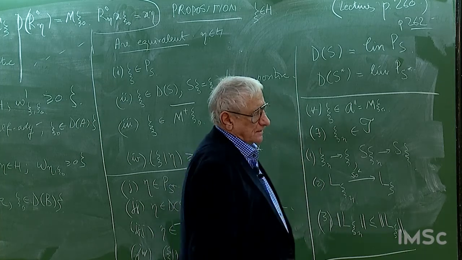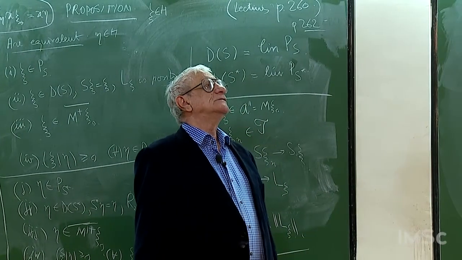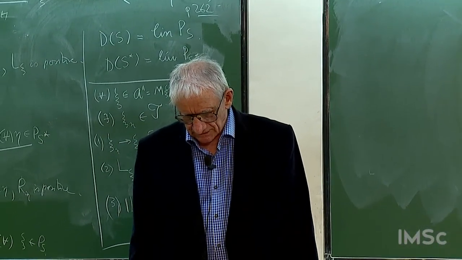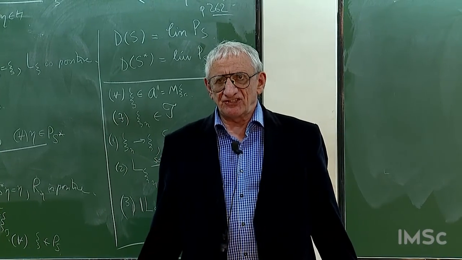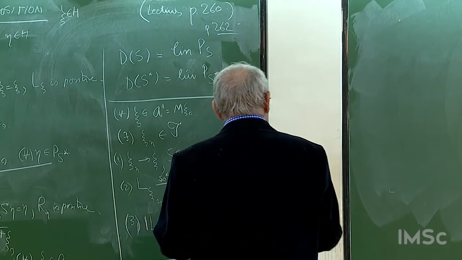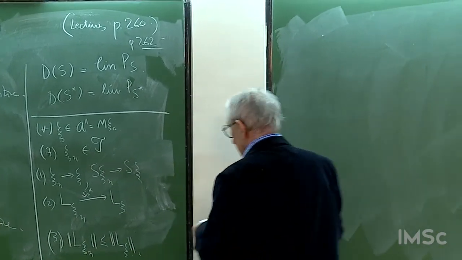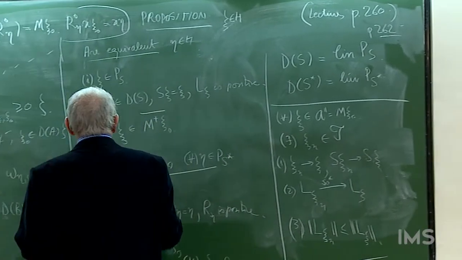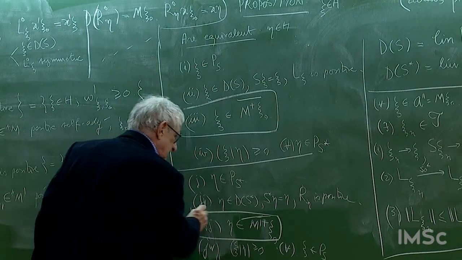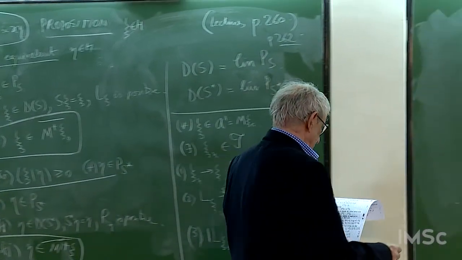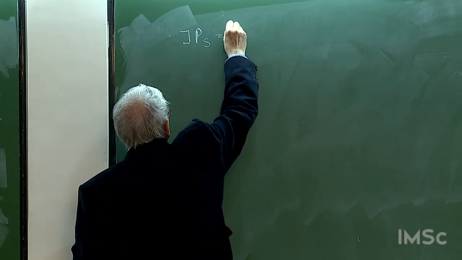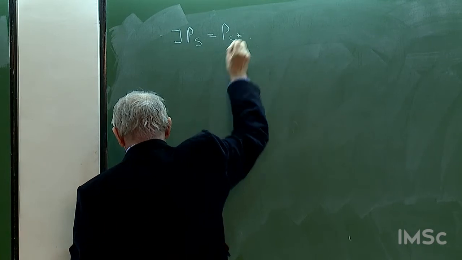That's just what we did when we saw that the Tomita algebra is very rich, and the same kind of arguments. Now, from this proposition, if you look here and here, you get the following thing, that J PS is equal PS star.